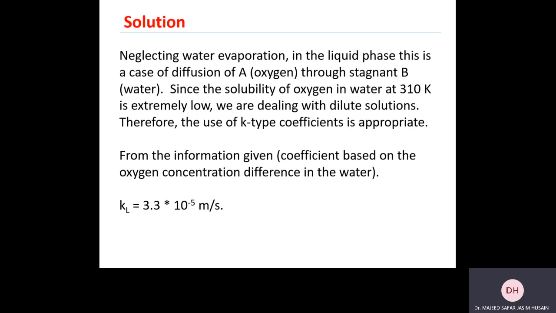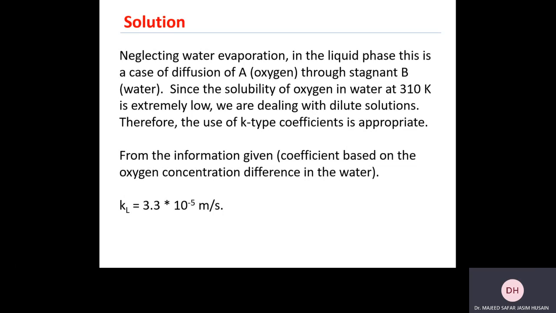Second, since the solubility of oxygen in water is extremely low, we are dealing with a dilute solution. You have to decide regarding the concentration of your solution. You know that oxygen has very low solubility in water. Otherwise, all the oxygen in the world would go into the oceans, correct?